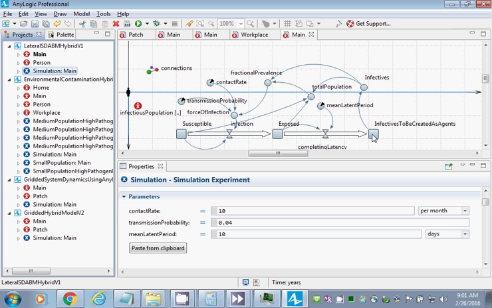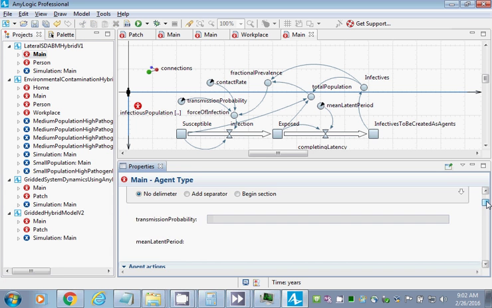So AnyLogic's GIS features are available in, so if we go to here, the types of space and networks, they're traditionally used in the GIS mode here.